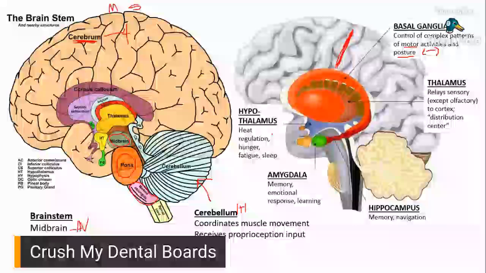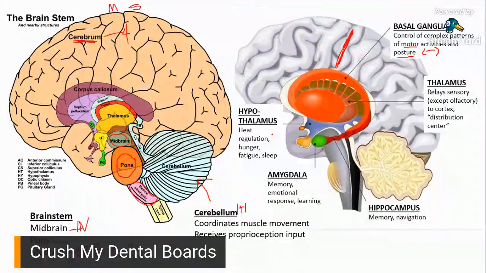And then aggression is also mediated by the hypothalamus. Okay, so the hypothalamus is a very important part of the CNS. Again, it's for regulation of body temperature, water balance, food intake, circadian rhythm, aggression.